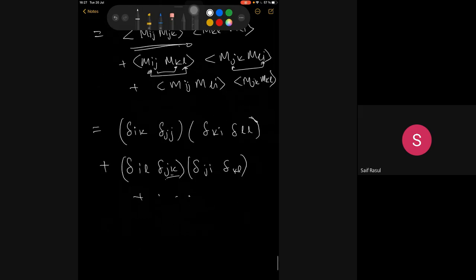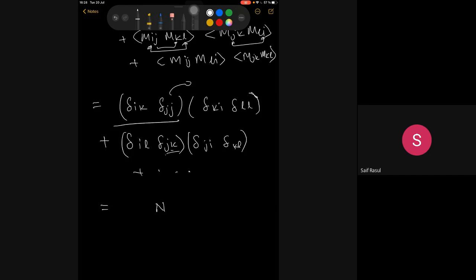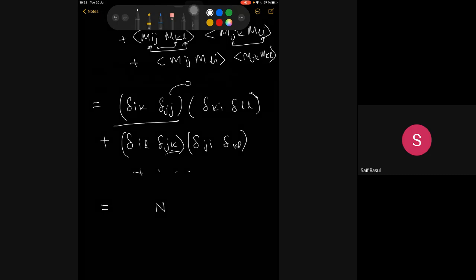Let's first see what numbers we generate here. Let's try to evaluate the deltas. Delta jj, they're the same. So I'll generate N, because each J can be 1 to N. So I'll have N possibilities.